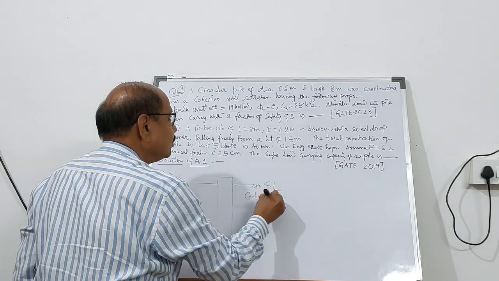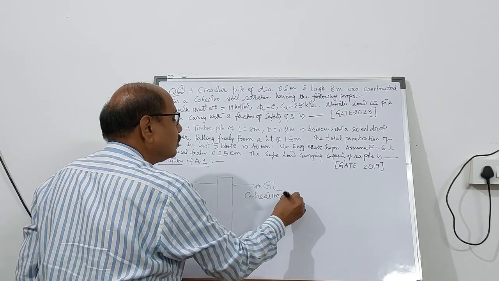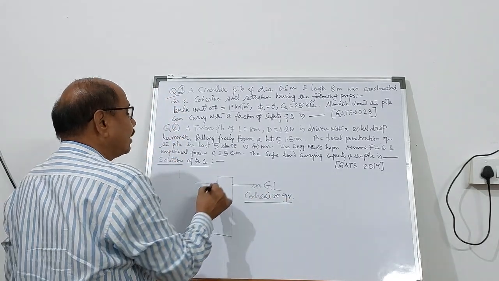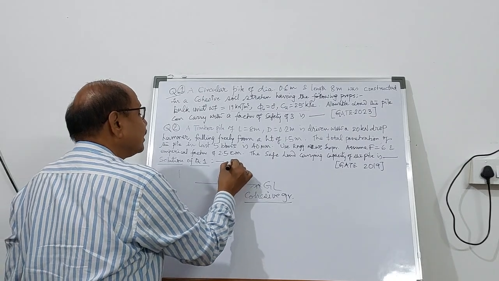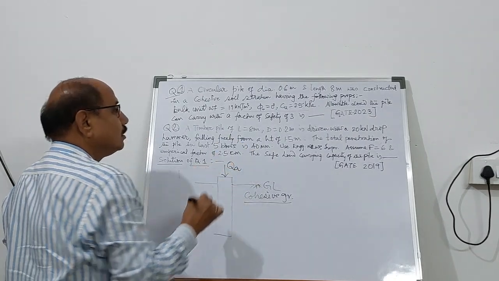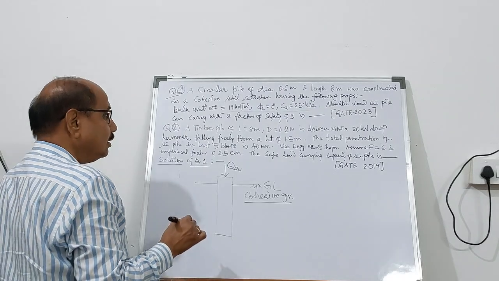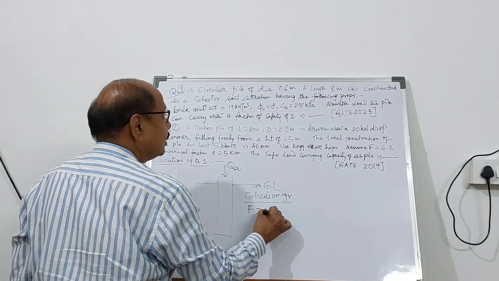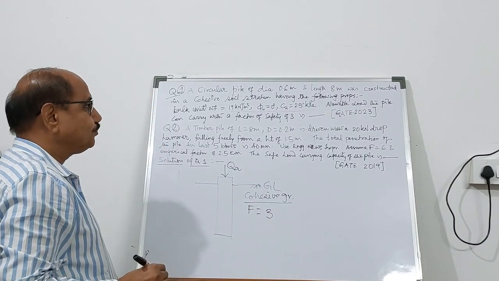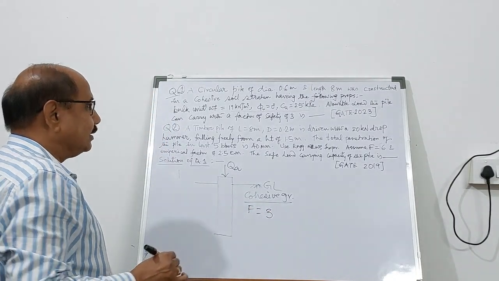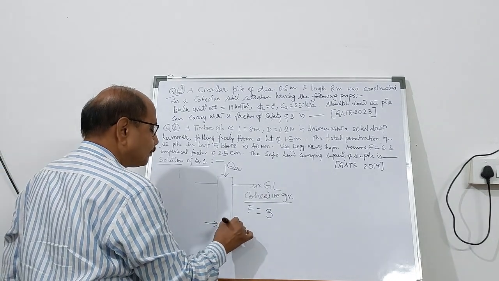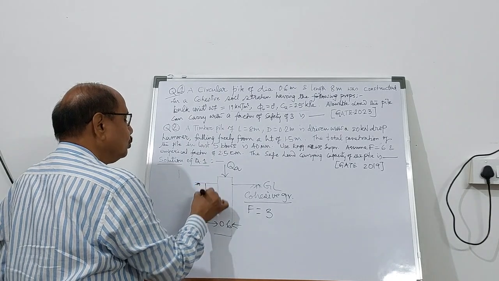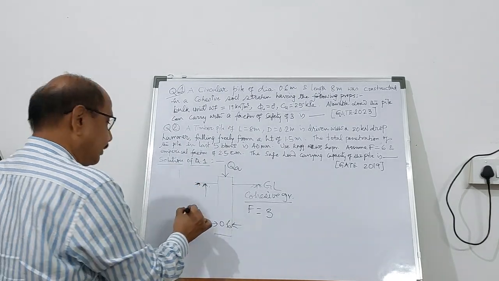You need to calculate the allowable load carrying capacity of this pile. The factor of safety is given as 3, the diameter is 0.6 meter, and the length is also given as 8 meter.